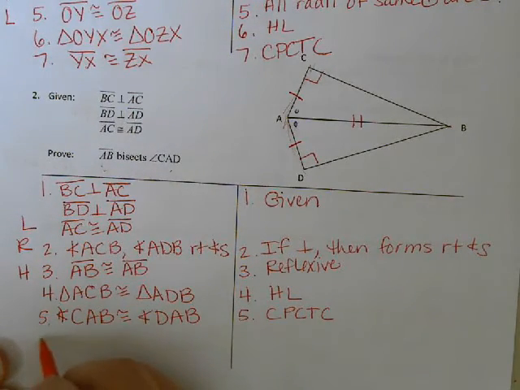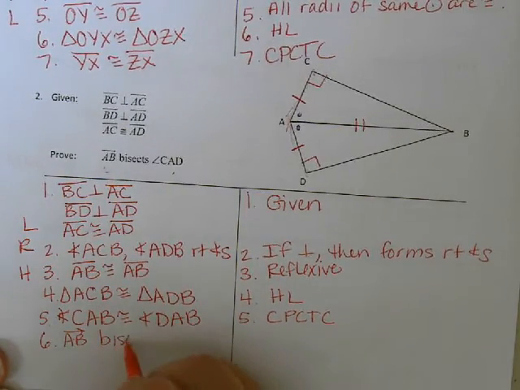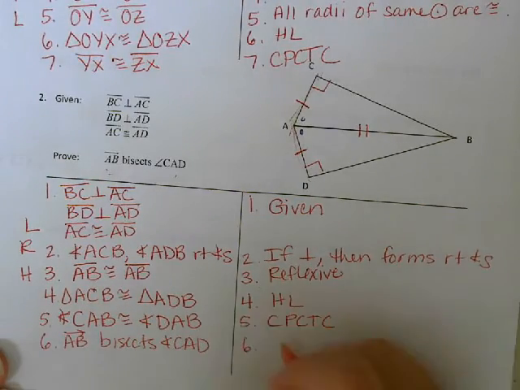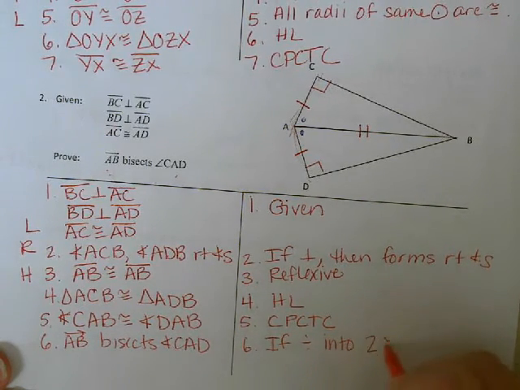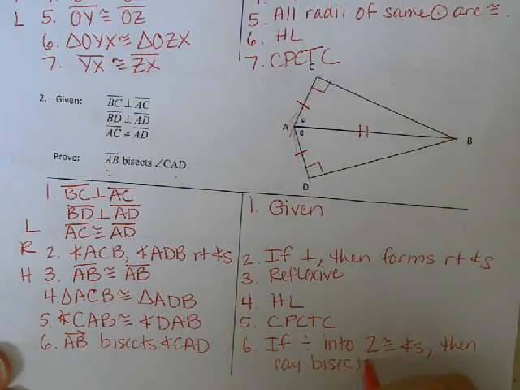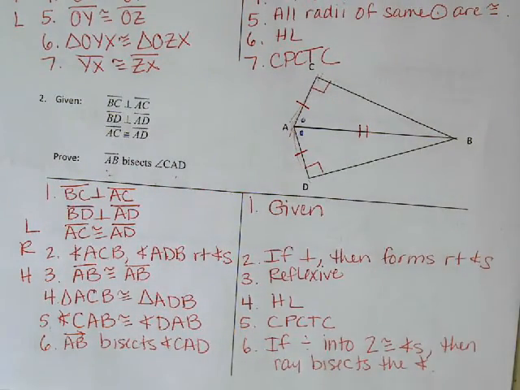And then in step 6, we can say that ray AB bisects angle CAD. So finishing this off, the reason is if divides into two congruent angles, then the ray bisects the angle. Okay. And that's it for our HL postulate.